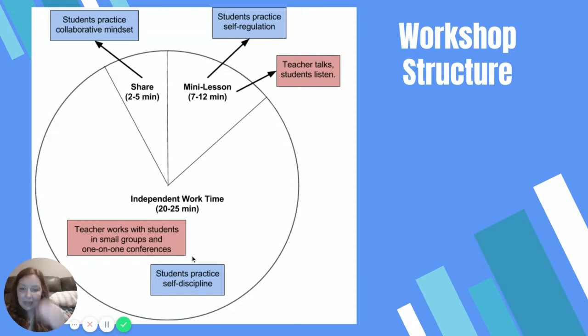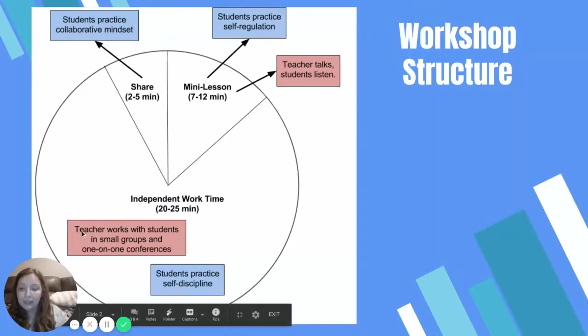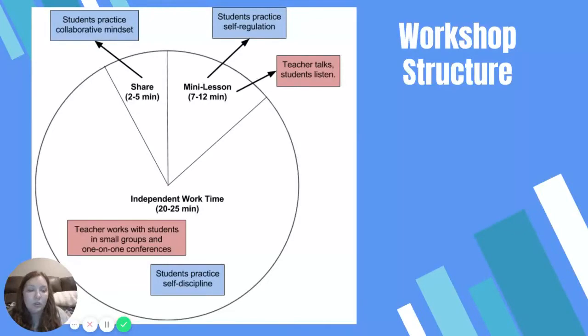Students are practicing self-discipline, checking their stamina, keeping on task, and getting their work done. While this is happening, I will be working with students in small groups or one-on-one conferences. I'll have small groups with students that are ready to take it to the next step, or maybe they need a little bit more help with the strategy. And I'll also be doing reading and writing conferences as well.